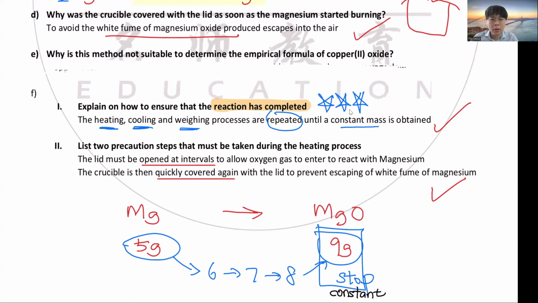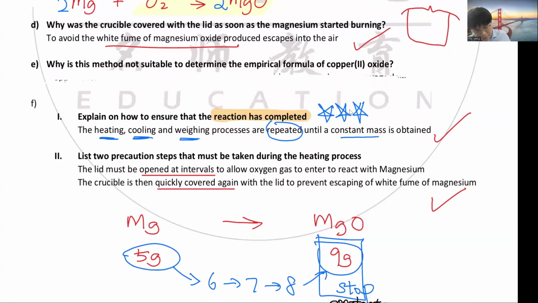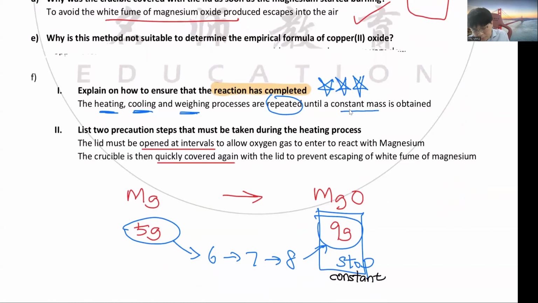Then, why is this method not suitable for copper? Based on the reactivity series, we know that copper is below, less reactive. So copper is here, and magnesium is here.